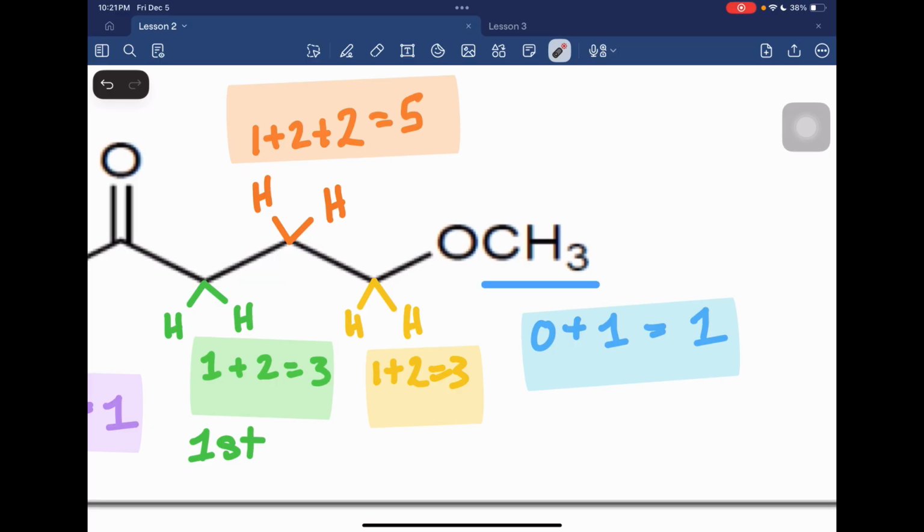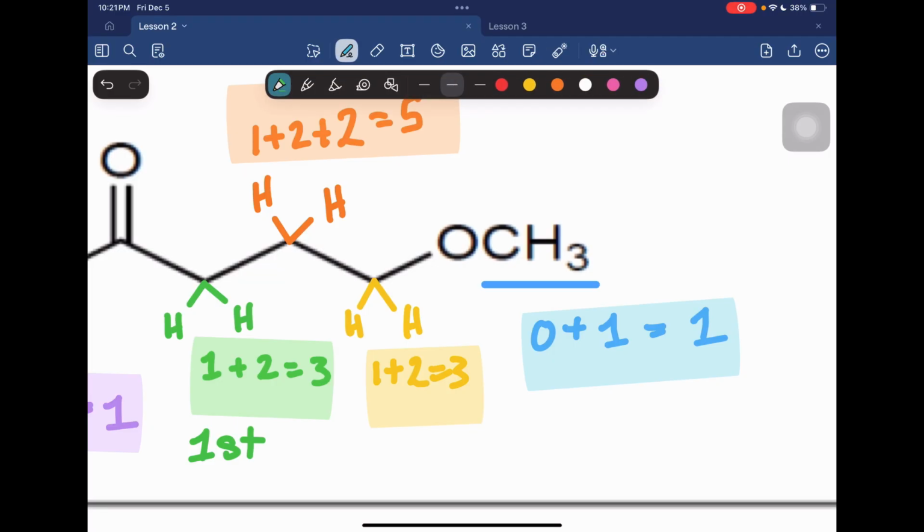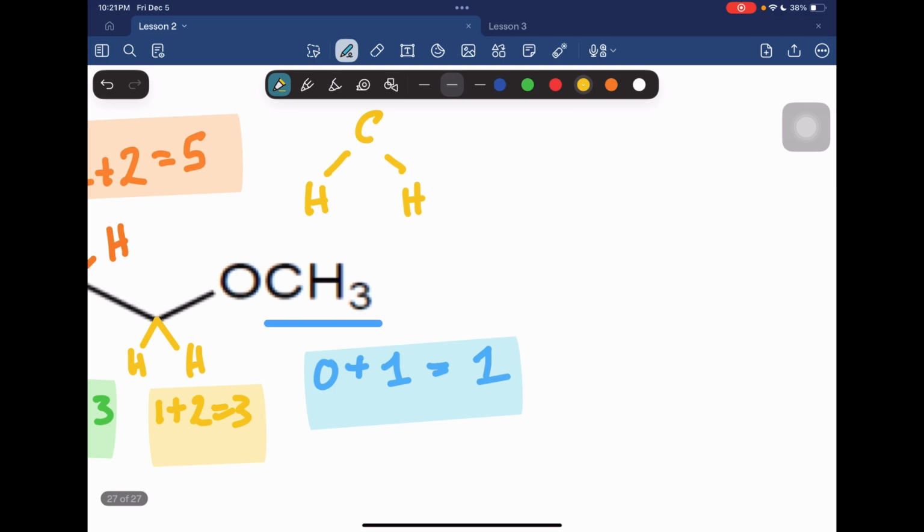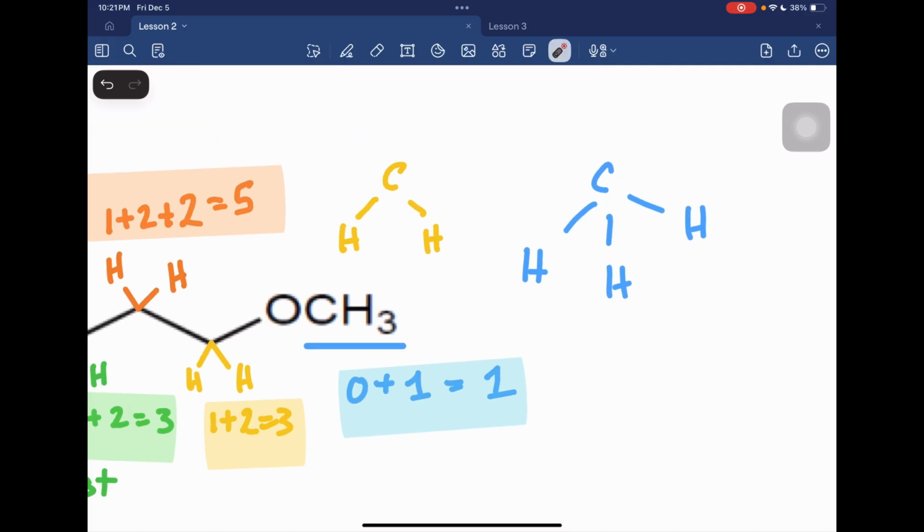Because, again, that carbon hydrogen is really what matters. This is our CH2, okay? This is our CH3, okay?